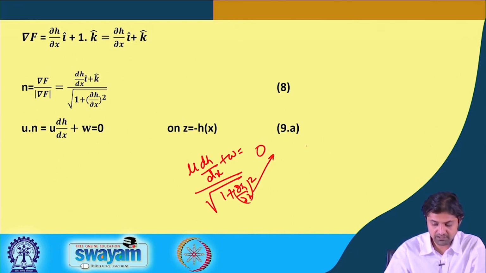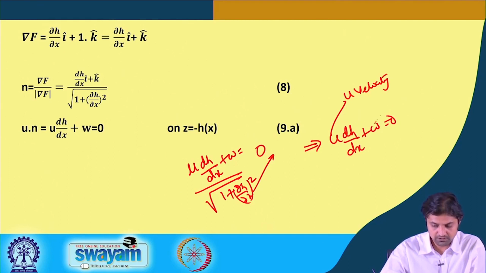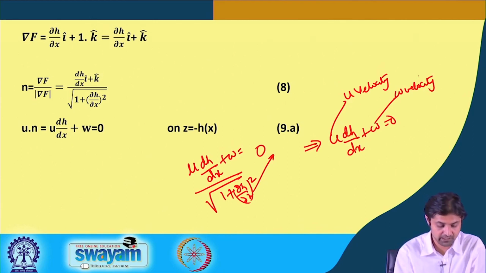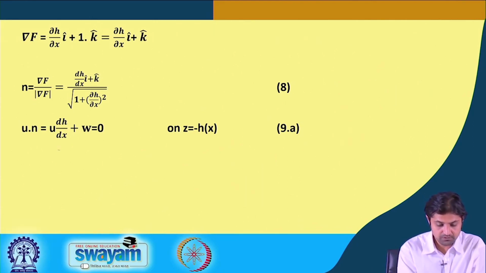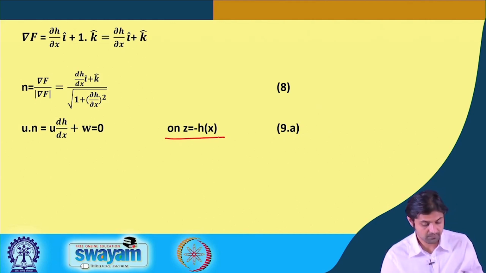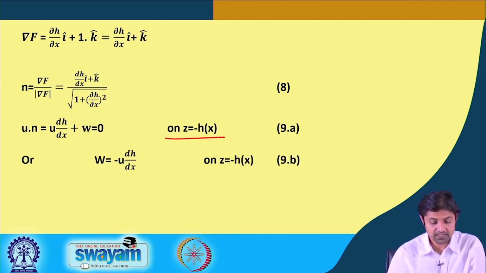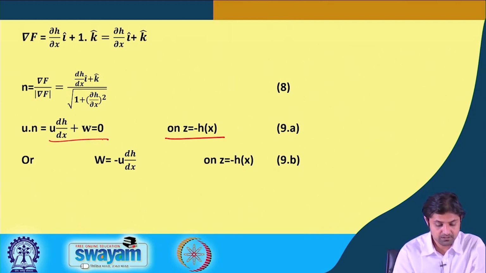Therefore, we get u dh dx plus w is equal to 0. This is u velocity and this is w velocity. U velocity means x direction, w means z direction. So we get u dot n is equal to u dh dx plus w is equal to 0 on the surface. Or we can simply write w is equal to minus u dh dx on the bottom boundary.